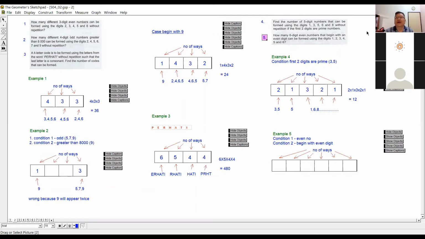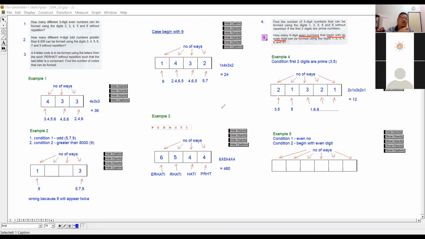Now, in this question, there are two conditions. The first condition is it must be an even number, as stated here: 6-digit even number. The second condition is it must begin with an even digit. Although there is only one sentence, there are two conditions.